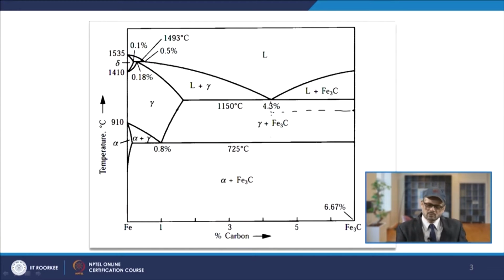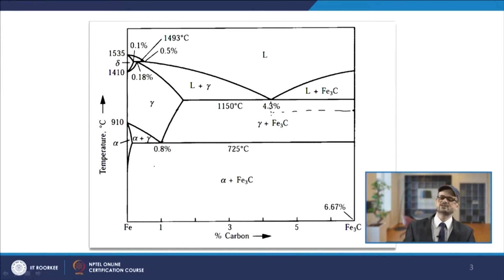Now, when you come to this point slowly, once you reach this point, you know that you will have gamma of this composition. Now, again after that this gamma will convert to pearlite. So, you will have ferrite plus cementite, whereas this is the cementite itself, an intermetallic phase. So, you will have the austenite further being transformed.